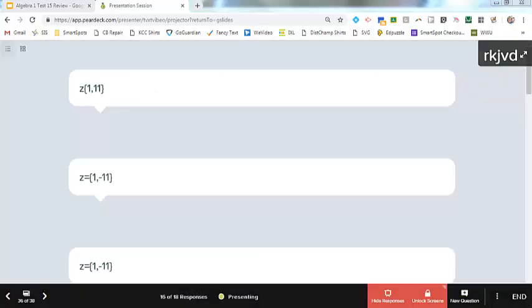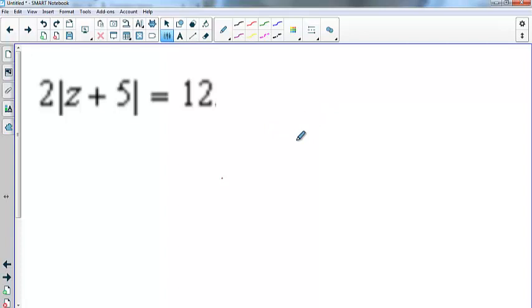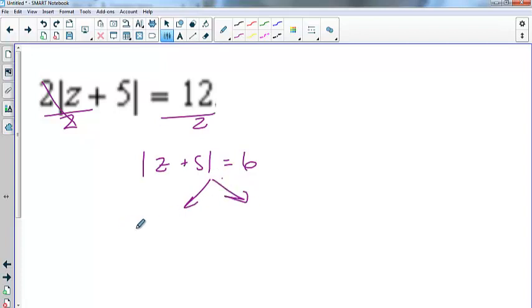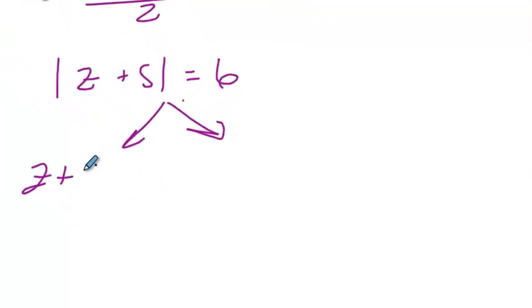Let's look at this. We have a few discrepancies. What's the first thing that we should do here? Divide by 2 on both sides. So I am left with the absolute value of z plus 5 is equal to 6. What should I do next? z plus 5 equals 6, and then z plus 5 is negative 6.